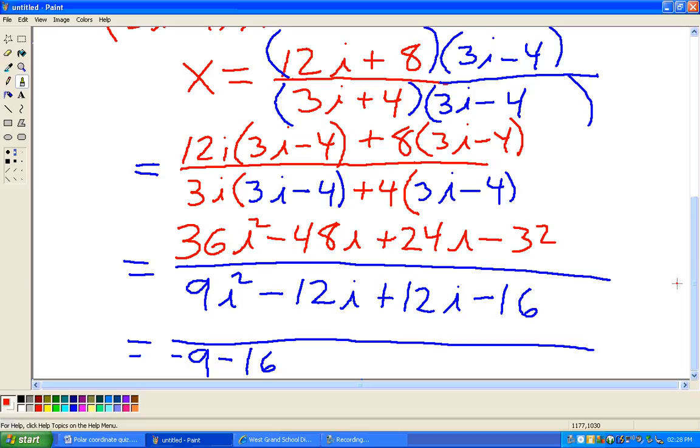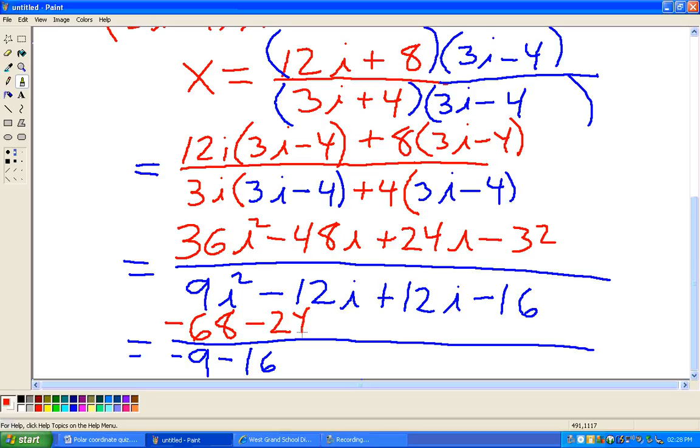Would everybody agree? Negative 36 and negative 32, so this is a negative 36, negative 32 is negative 68. And you got negative 24, add 24.